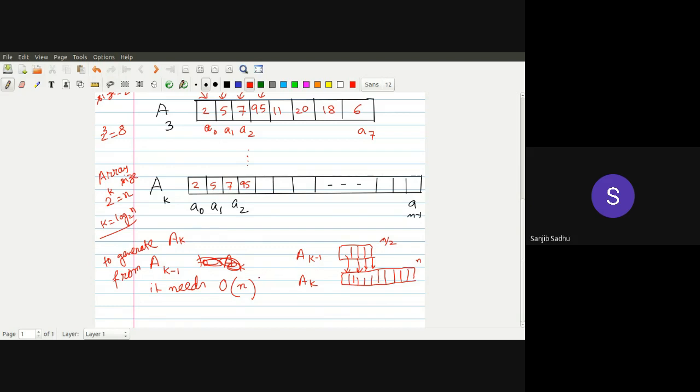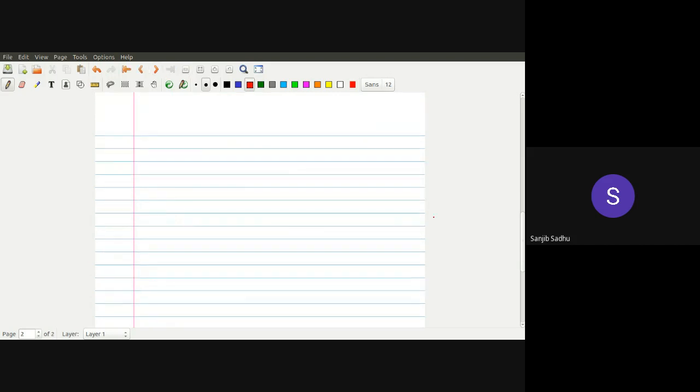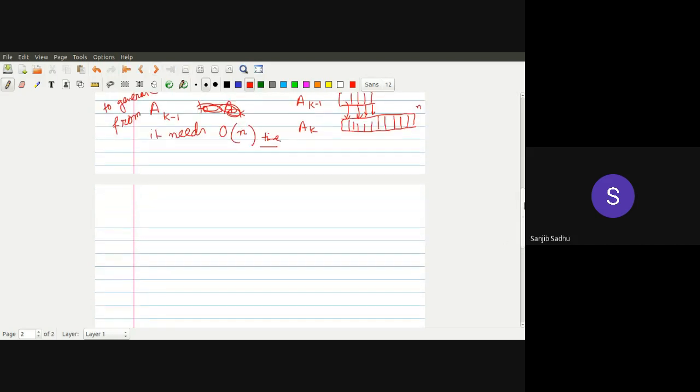So here it will take n. From ak minus 1 to ak, it needs O(n) time. Okay, linear time. Now how many total labels are there?